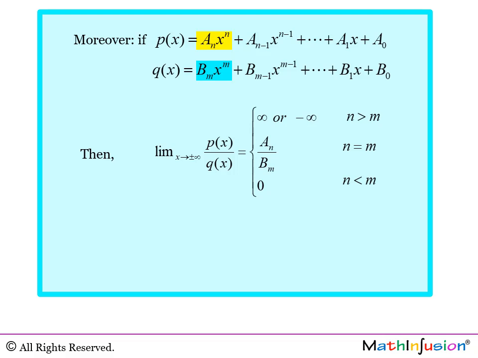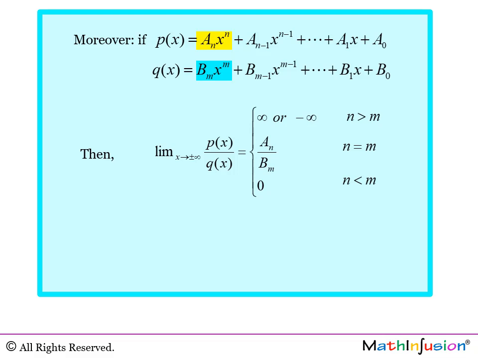If the degrees are the same, and here's the big difference now, which means that n equals m, then the limit is going to be a_n over b_m. And if n is less than m, then we are going to get 0, because it means that the degree of q is more than the degree of p.